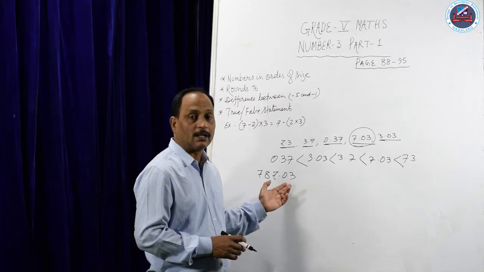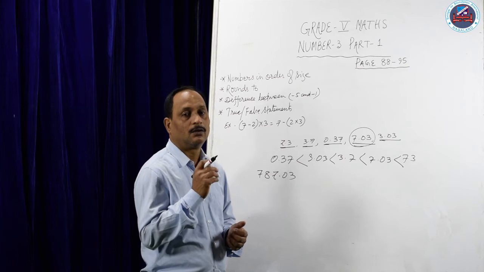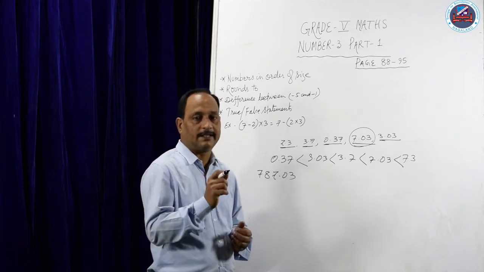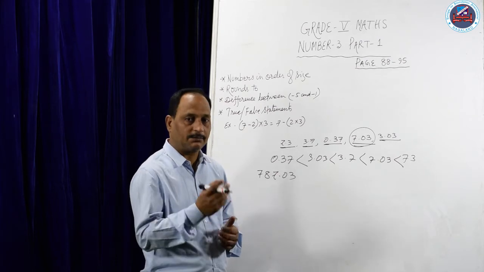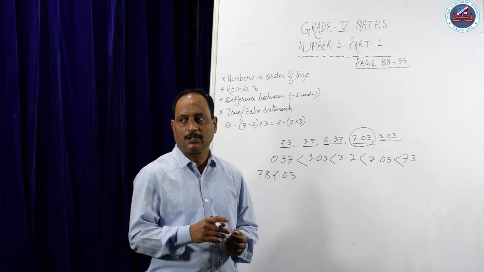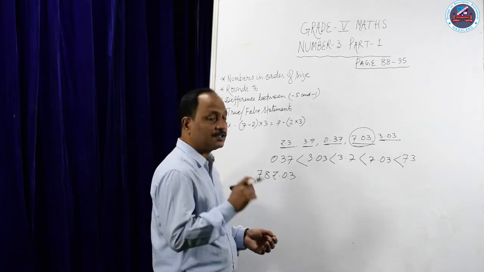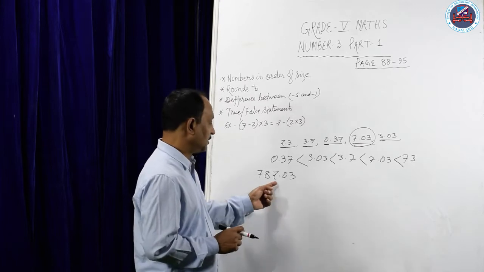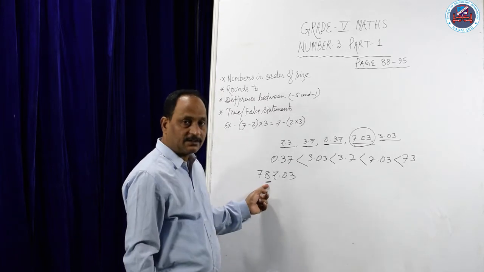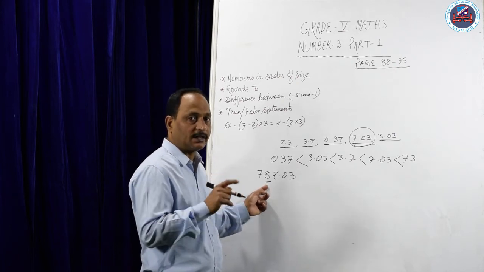Suppose we are rounding to the tenths or hundredths or ones or tens or hundreds, whatever place we are going to round. Suppose the question is: round this number to the nearest 10. So which is the tens place? This is ones, this is tens. 8 is in the tens place. So we are going to round this 8.